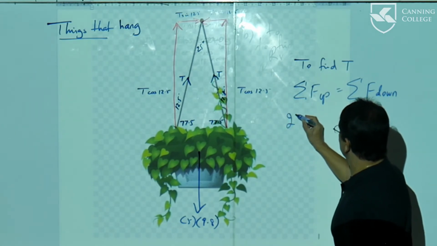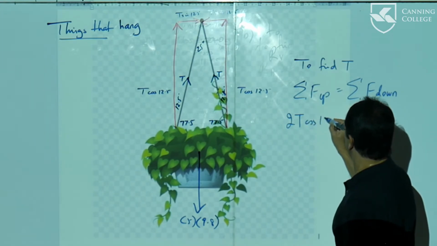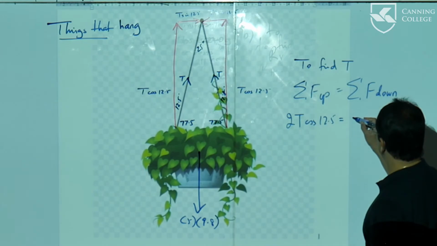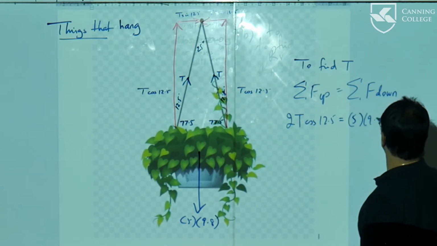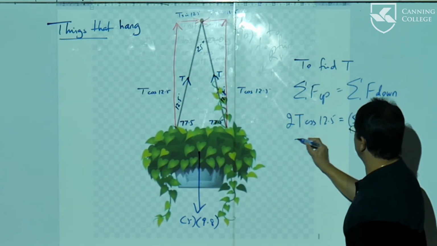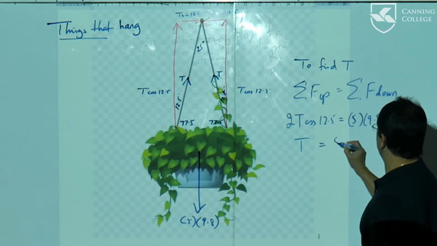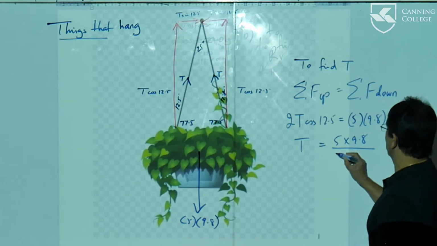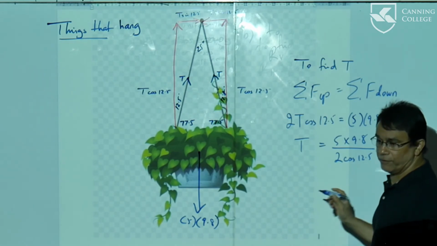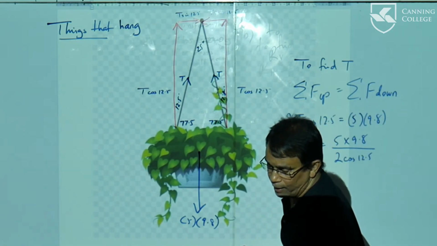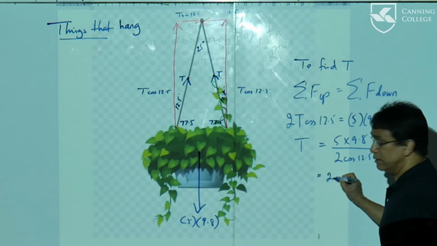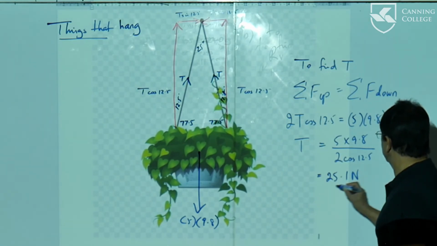So therefore 2T cosine 12.5 must be equal to the weight of the pot plant, which is 5 times 9.8. Therefore, T is going to be equal to 5 times 9.8 divided by 2 times cosine 12.5. And what I get is tension is going to be equal to 25.1 newtons.